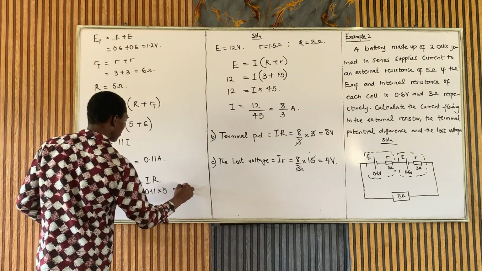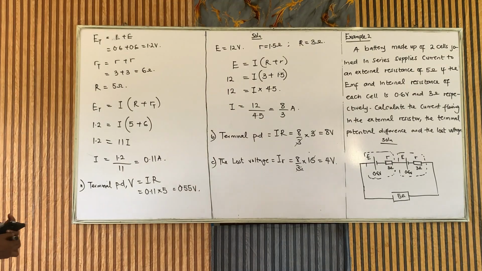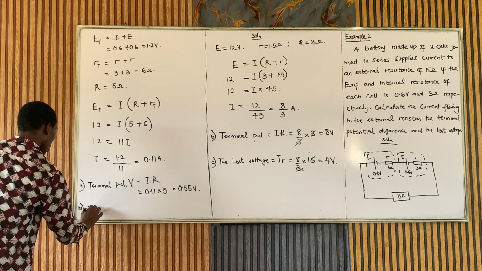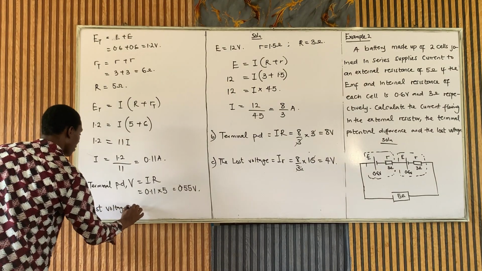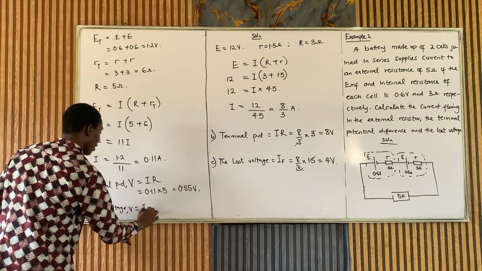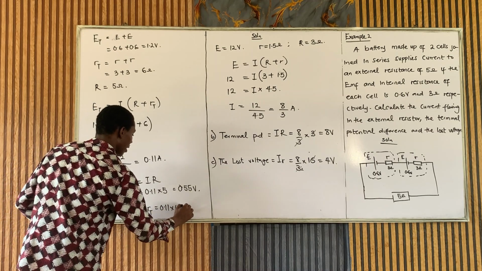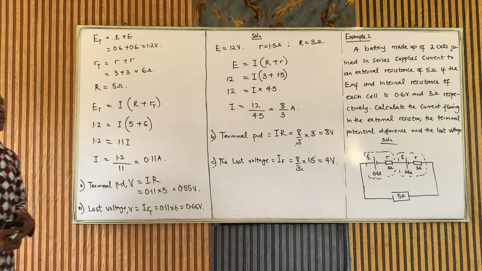This will give us 0.55 volts. The last one is the lost voltage. Lost voltage, small v, which is I times small r total. And that will be 0.11 times 6, and that will be 0.66 volts. So that's that for this question.